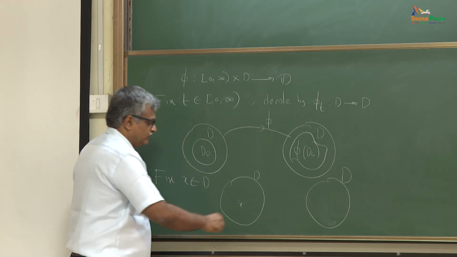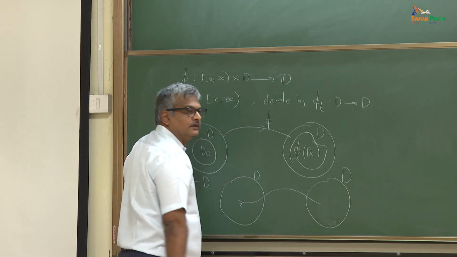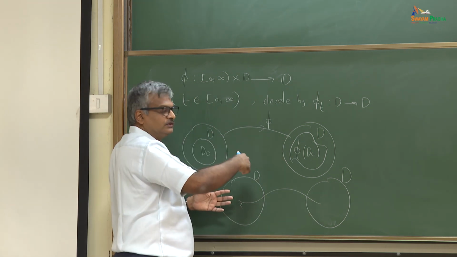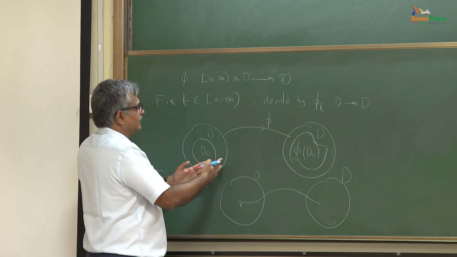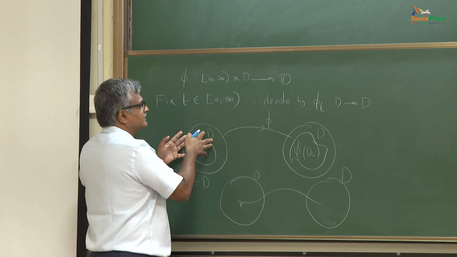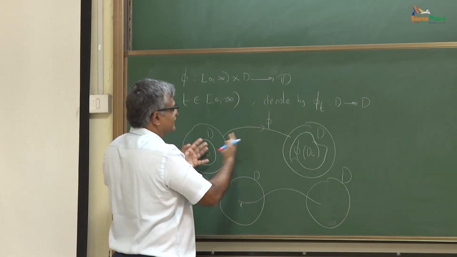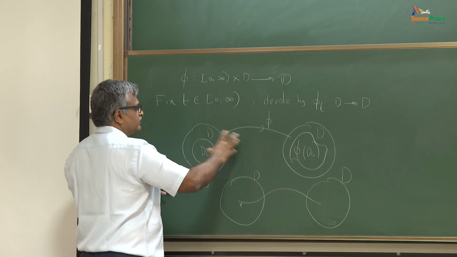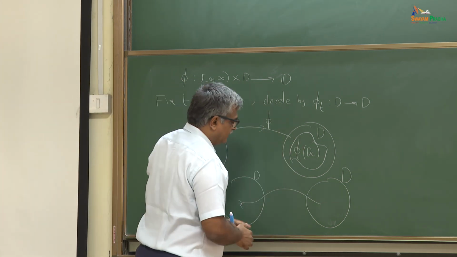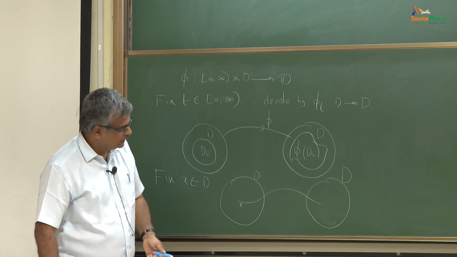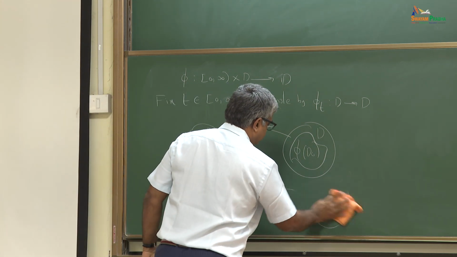So what do you get? You just get some curve, as t varies, which maps to D. Of course, this picture is a little off, and I should not use this D separately, it is the same D. I used this to show that it's a volume flow, but this picture I can very well just use 1D.